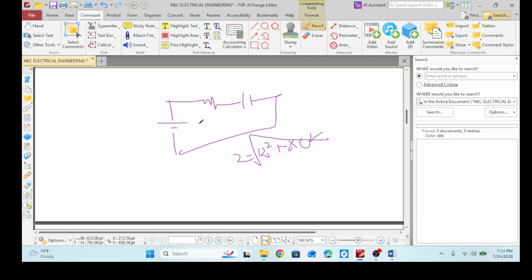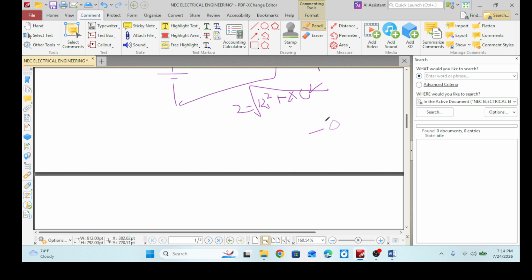As I said, it doesn't allow sudden change in voltage. That means current equals C dV by dt. We know that the change in voltage is 0, so current is 0. That means it acts as an open circuit.